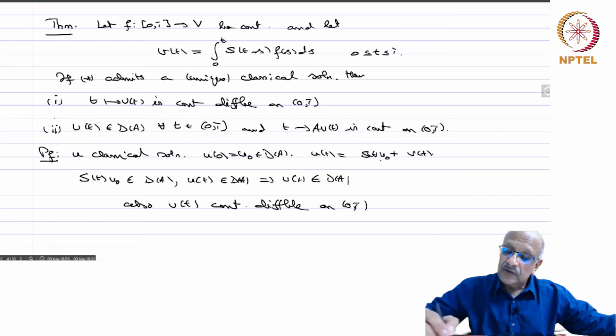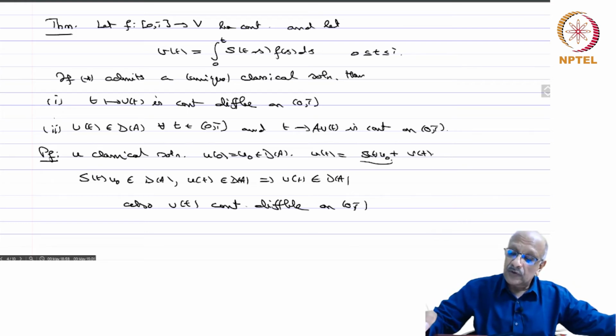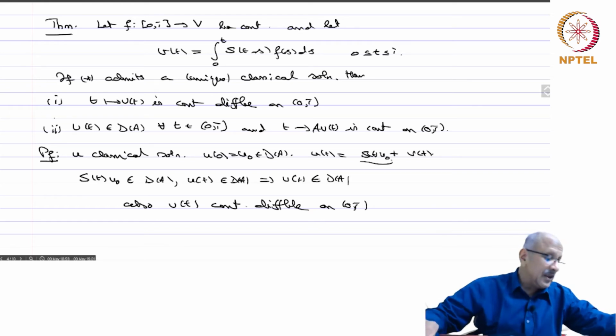Because u(t) is continuously differentiable, u0 is in domain of A, and therefore S(t) u0 is also continuously differentiable, and therefore v(t) has to be continuously differentiable. So that shows that the first one is v(t) is continuously differentiable, and also v(t) is in D(A).